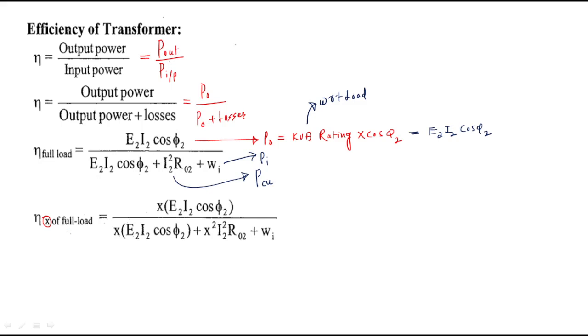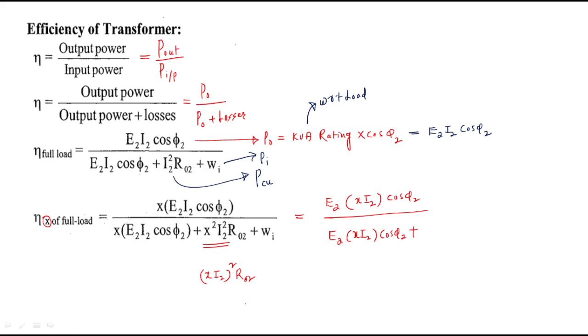For any fraction of load, the formula for efficiency is nothing but what? Efficiency equals x E2 I2 cos phi 2, where in place of I2 you write x into I2, the fraction of secondary current, divided by x E2 I2 cos phi 2 plus the losses. And what about copper losses? We all know that it is (x I2) whole square into R02.